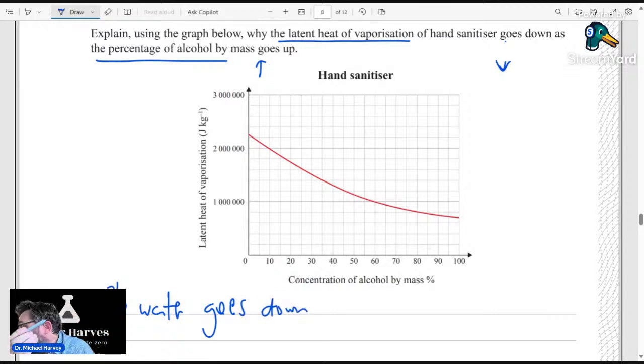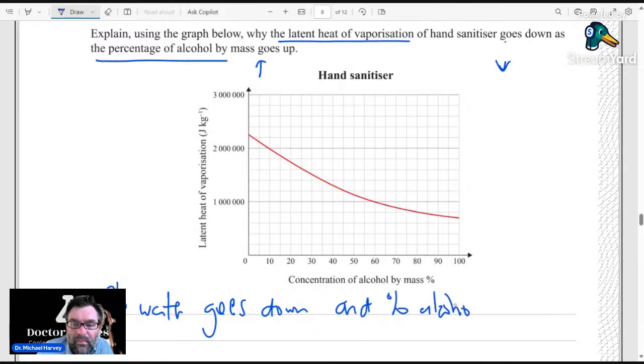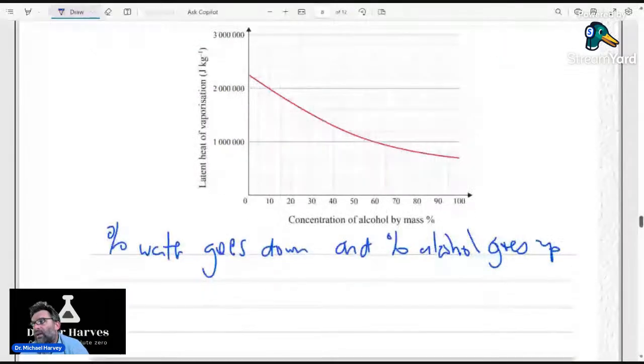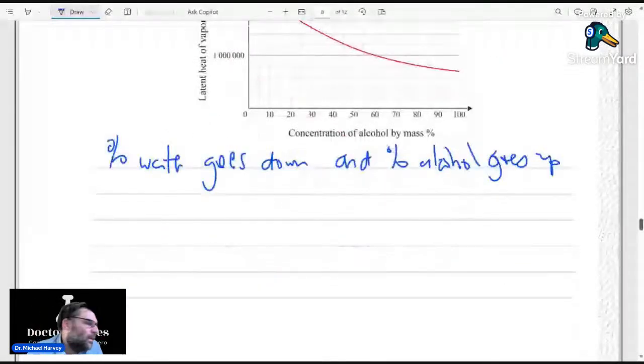Okay, so there's more alcohol as percentage alcohol goes up. Makes sense, because if you've got more alcohol, there's less water there as well. So 70% alcohol, 30% water.